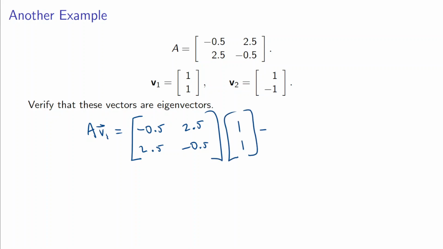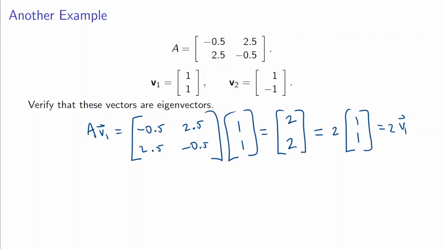And that's going to give us negative 0.5 plus 2.5, so 2, and 2.5 minus 0.5, so also 2. So we got 2, 2. Notice that is 2 times 1, 1, or 2v1. So not only have we discovered here that v1 is indeed an eigenvector, but we have found its corresponding eigenvalue, namely 2.